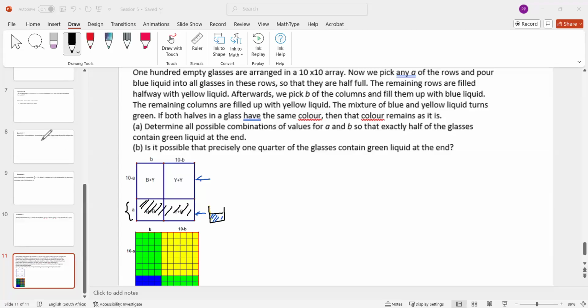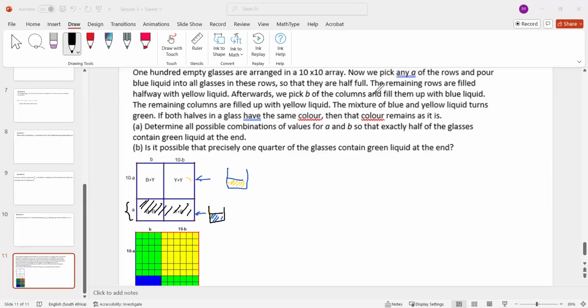So I'm going to fill them with yellow liquid now. Right, so you got all half yellows here and half blues here.